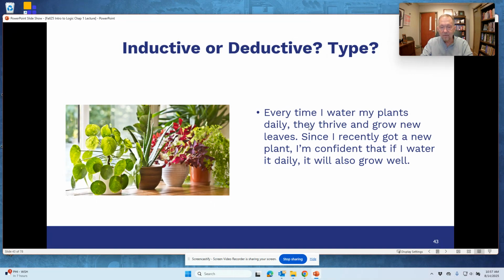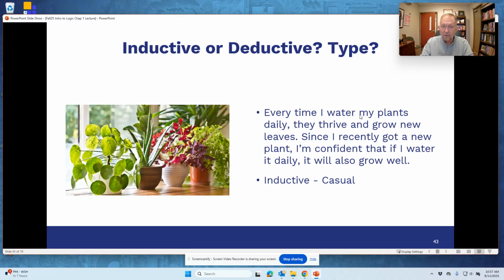Every time I water my plants daily, they thrive and grow. Since I recently got a new plant, I'm confident that if I water it daily, it will also grow well. So is this inductive or deductive? It's not 100% because not all plants respond to water, right?